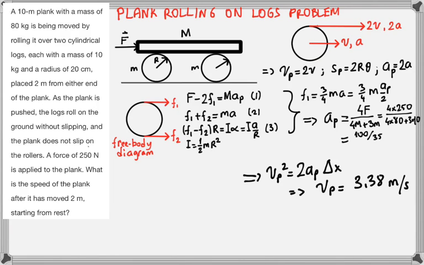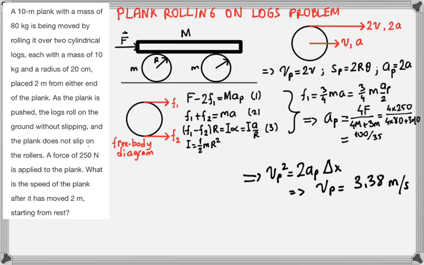Okay? And I think you already have justified this, right? Any questions about this? If any rolling object moves without slipping on the surface, its top point always has twice the speed of the center of mass of the rolling object.